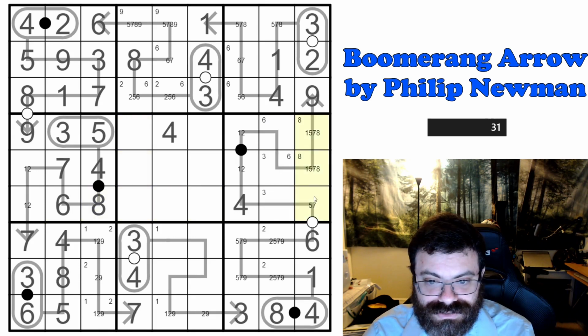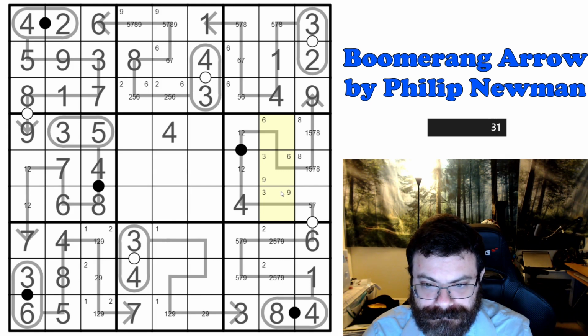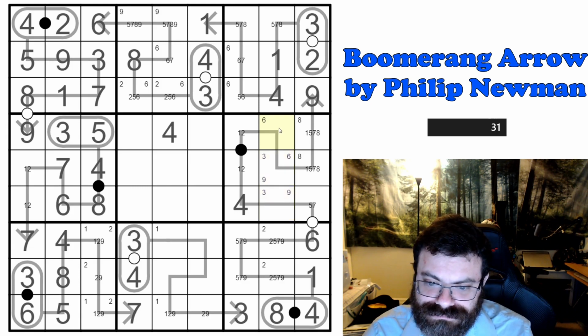Where do 9s go? 9's in one of these two. I think that means this is a triple. Is this a naked single? Can't be 1, 2. Can't be 3, 4, 5.